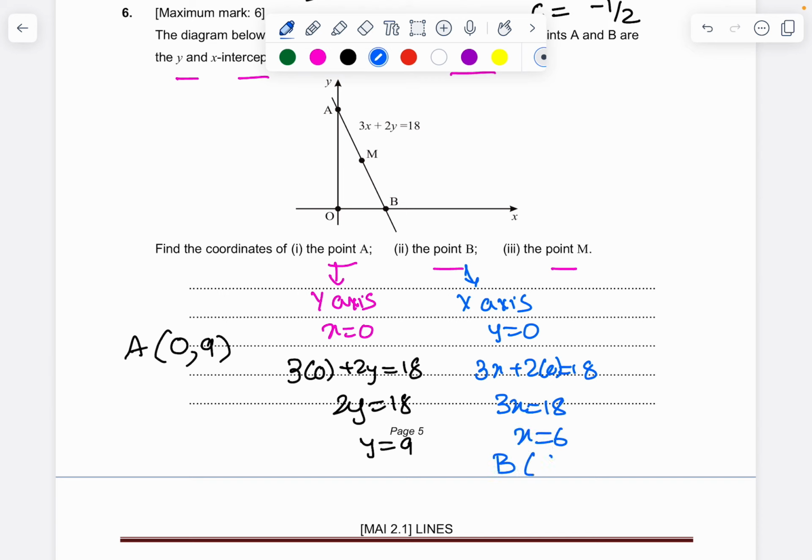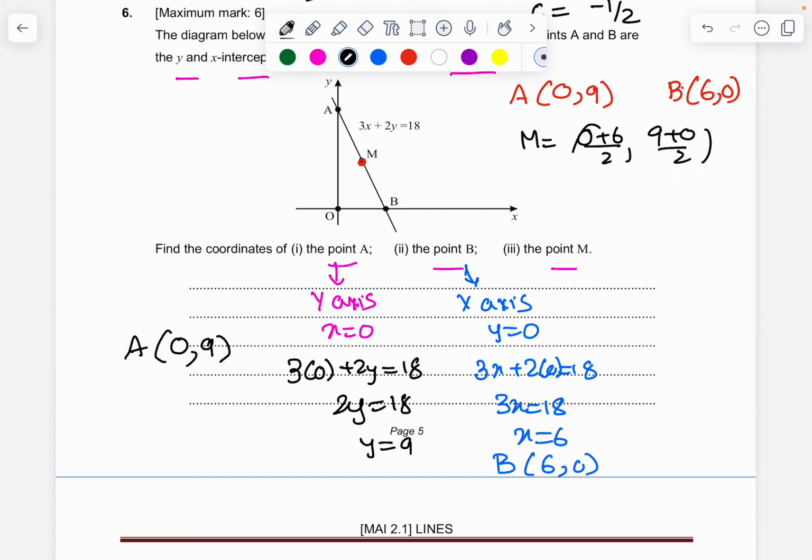So B is (6, 0). Now M is the midpoint. So A is (0, 9) and B is (6, 0). So what's going to be the midpoint? Midpoint M is (x1 plus x2) by 2, (y1 plus y2) by 2, which is nothing but (3, 9 by 2).